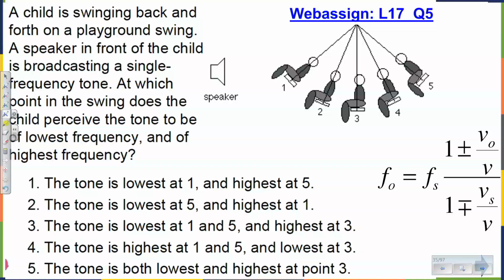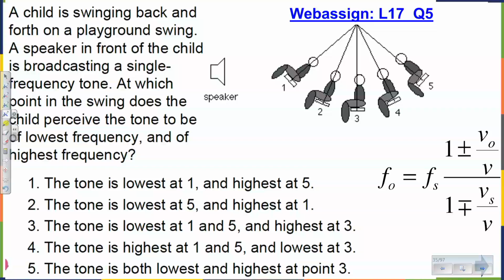If you were at rest, you would hear something like this. But when you move, you hear a wobble. Where? Well, that's technically just the application of our knowledge of simple harmonic motion.